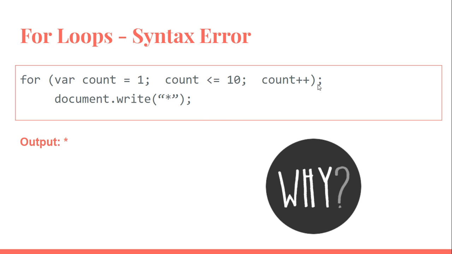Well, because this programmer made a common syntax error and they put a semicolon at the end of their loop statement, which says, for var count equals 1, count less than or equal to 10, incrementing by 1, do nothing. And so that loop runs 10 times doing nothing and then outputs a star. To make this program work the way we expected, we would not put our semicolon there.